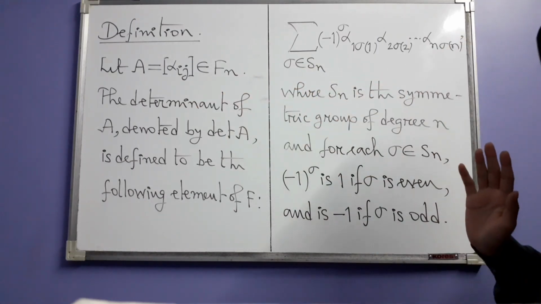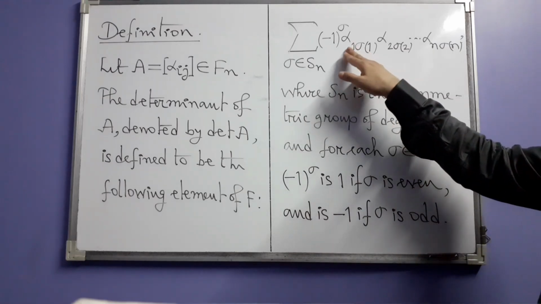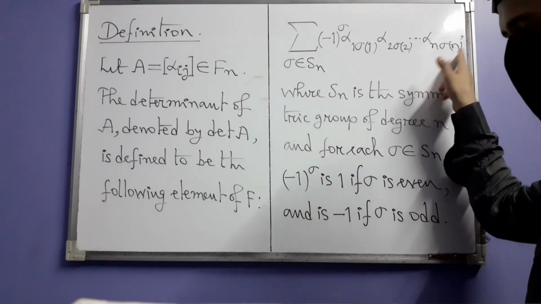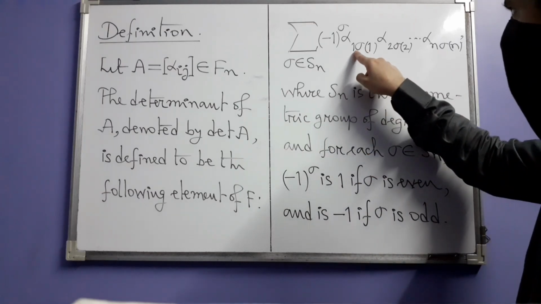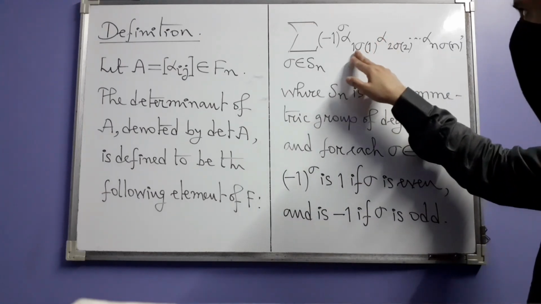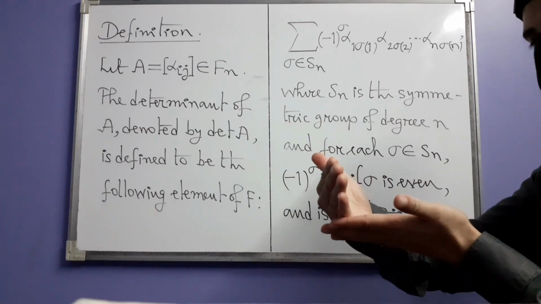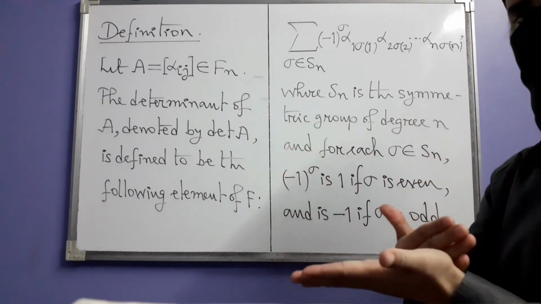What are the terms of this sum? Again you have those alpha ij's, that is their product in that pattern, where the first suffixes are just those numbers 1, 2, 3 up to n.